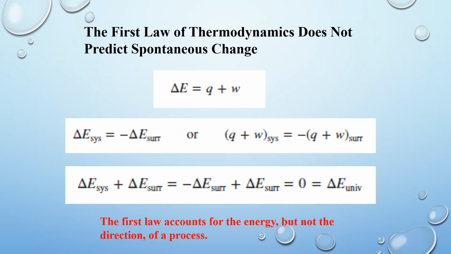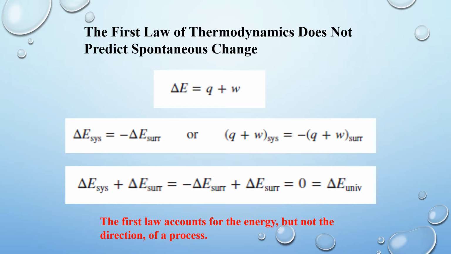They both have signs. And because energy is conserved, the change of the system will be equal to the negative change of the surrounding. So if the system energy increases, it means it absorbs some energy. That energy is from the surrounding, so the surrounding will lose some energy.